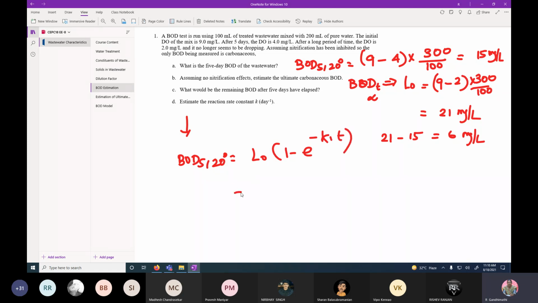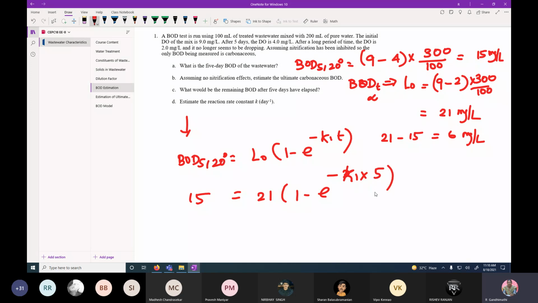Now BOD5,20 is 15 and L0 is 21. Then 1 minus e^(-K1) is what we have to find out, into 5. Now what is the answer for K1?